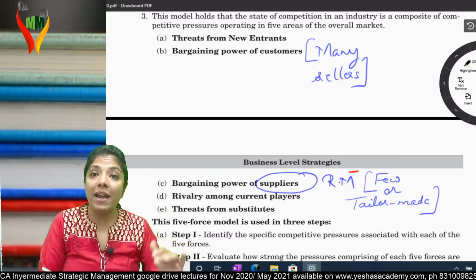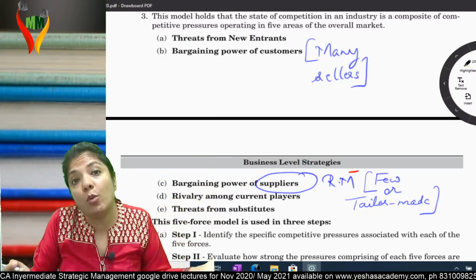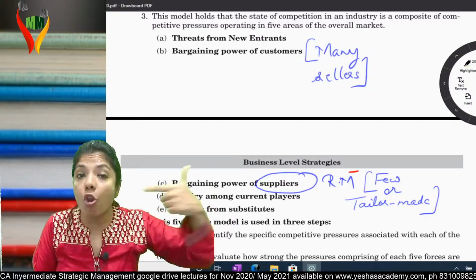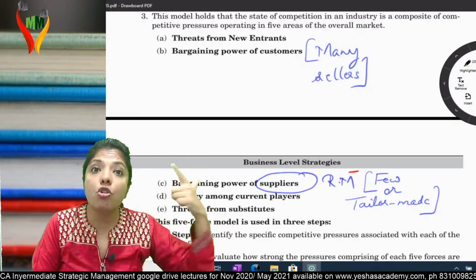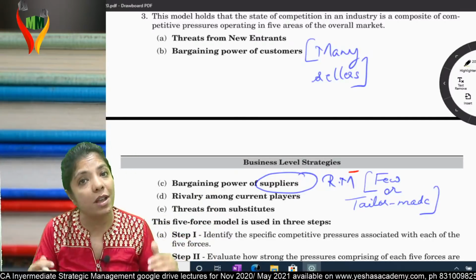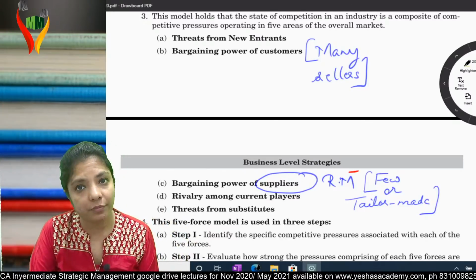That means they provide it the way you want. In short, they know that you have no other choice. I'm the only one in the market, so whatever he charges, you'll have to pay. Automatically, your raw material cost will increase, so your cost price will increase. But you cannot increase your selling price. In turn, what will come down? Your profit will come down. Your profit is coming down because of whom? Because of the supplier. Am I clear?